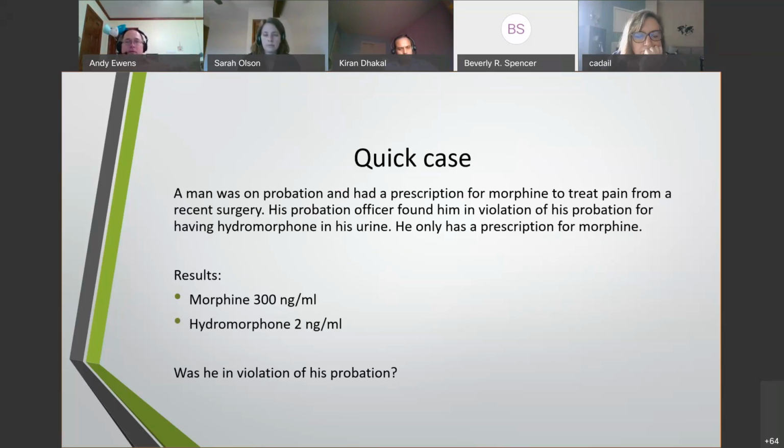So hydromorphone is a much stronger form of morphine, similar to the level of fentanyl, but probably not quite as potent. So the results are 300 nanograms per milliliter of morphine and 2 nanograms per milliliter of hydromorphone. So the question is, did this probationer violate the terms of their probation by using a non-prescribed opiate?